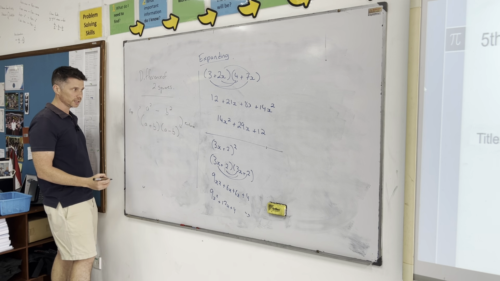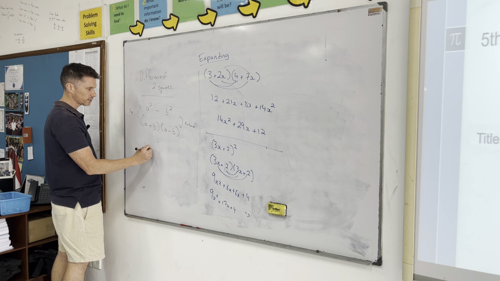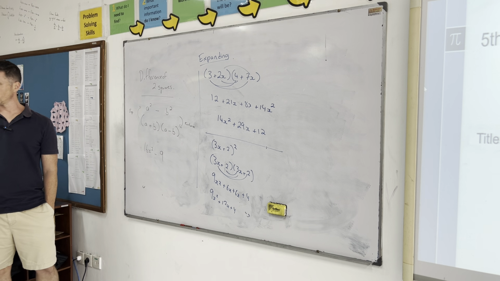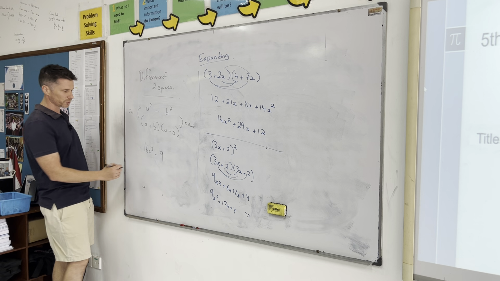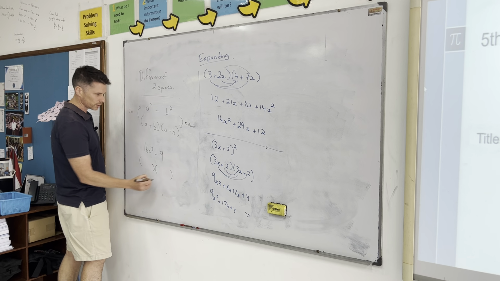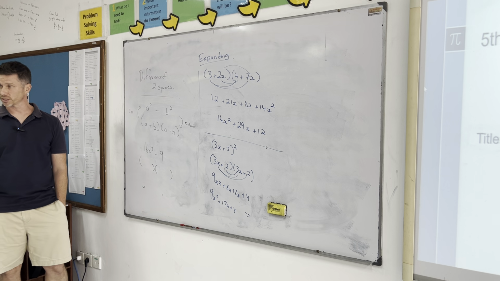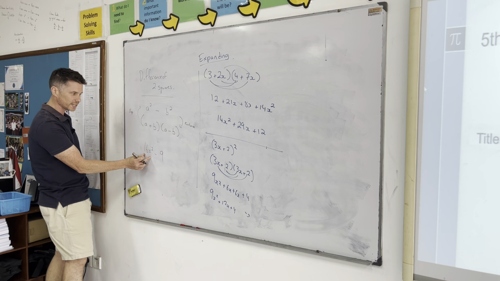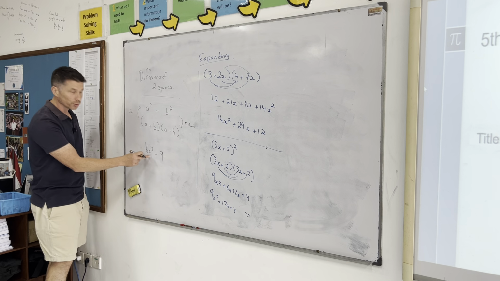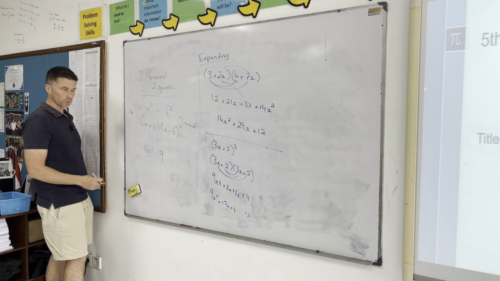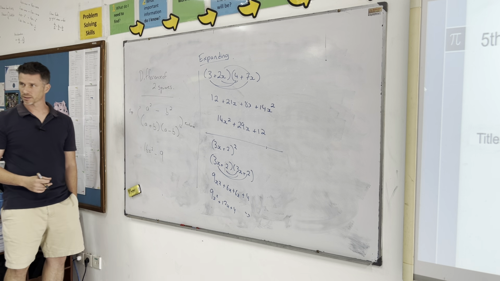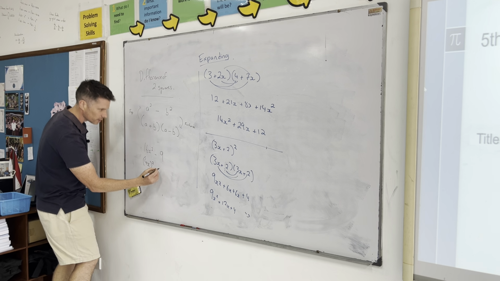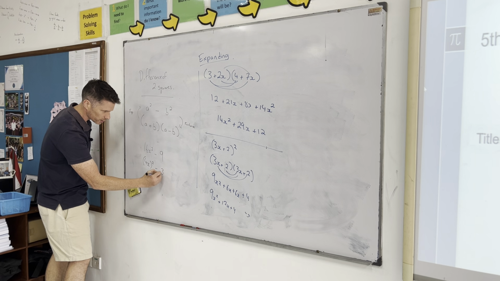Okay, so if we see something like 16x squared minus 9, we may not remember this, but we should be able to factorize that easily because we notice they are two squares. I'm going to put the brackets a bit lower. We're going to look at what would be the square root of this. What times what gives 16x squared? 4x, yes. So 4x squared, and what times what gives 9? 3.